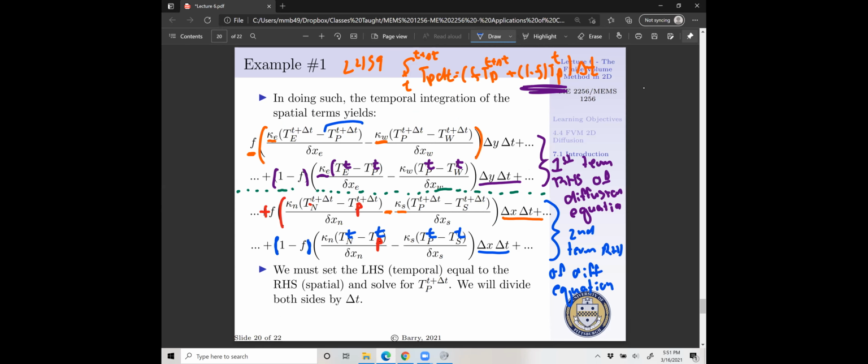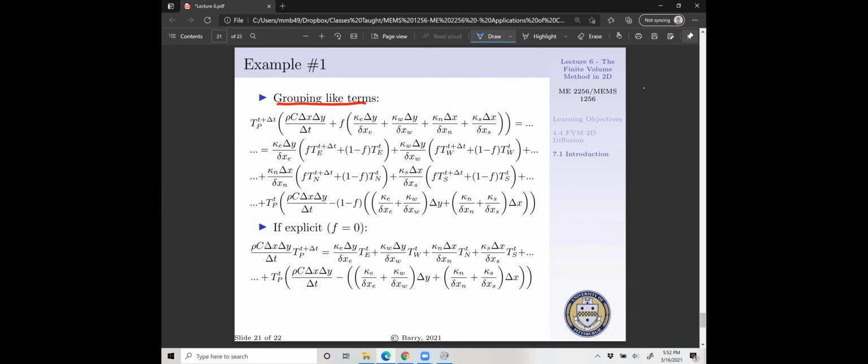And then here, we can go through and count our TP of t terms. So we have 4 of these guys. So we're going to move them all over from the right-hand side to the left-hand side, and they're all negative. So we just add them. So we're going to have f times this big summation, because all these guys were multiplied by f.